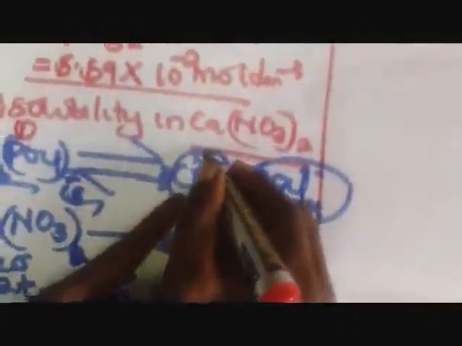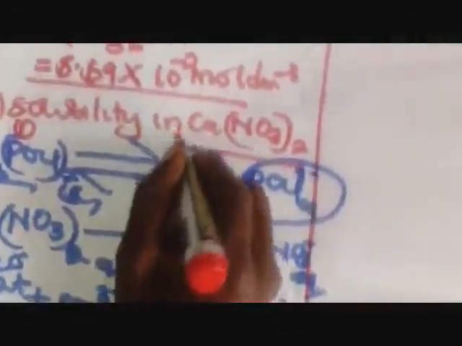From the mole ratio, 1 mole produces 3, so here you have 3p. At the same time, the concentration of the phosphate ions is going to become our 2p.